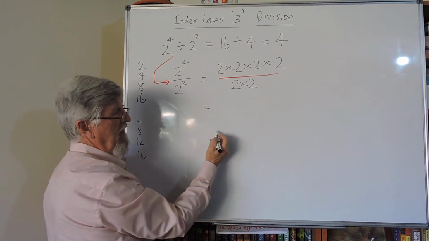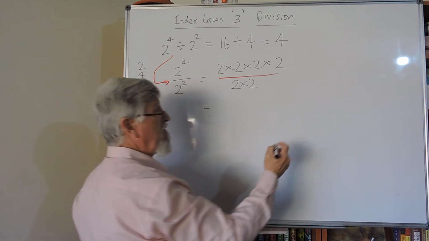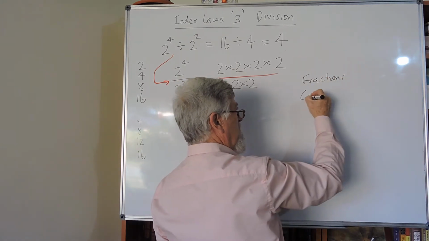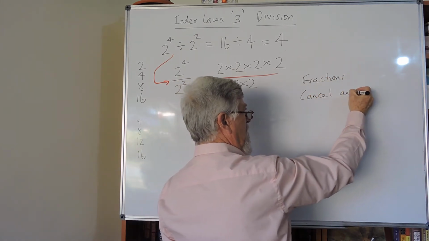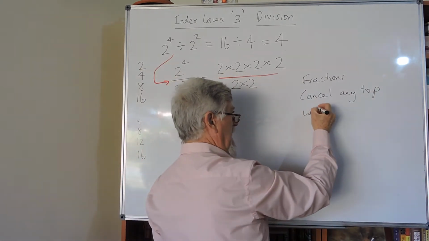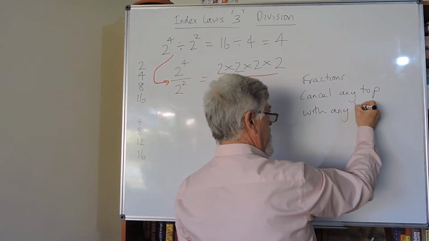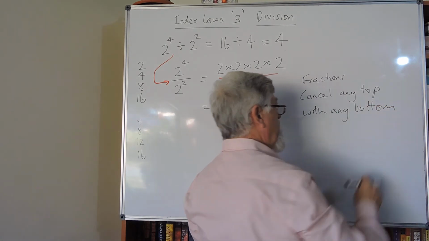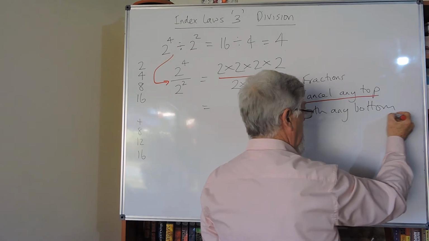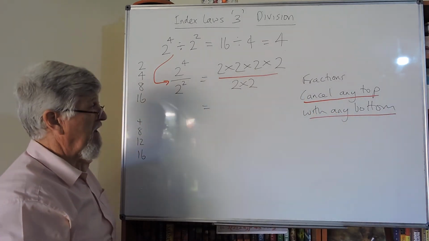So the top up here now, have a look what happens. We have one rule for fractions: you can cancel any top of a fraction with any bottom. A lot of people still struggle with their fractions. I've got a fair bit in terms of fraction videos on another playlist if you struggle with fractions.